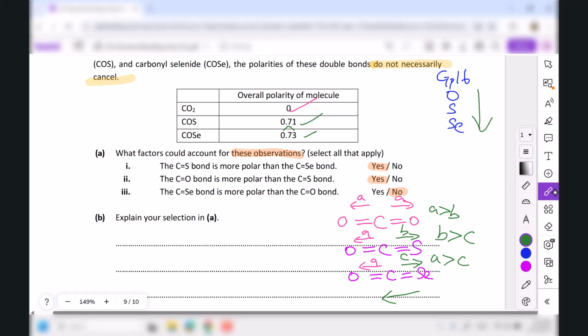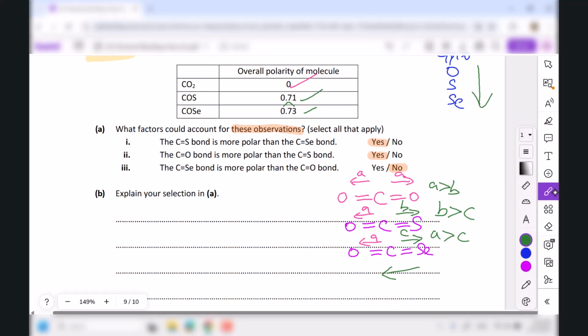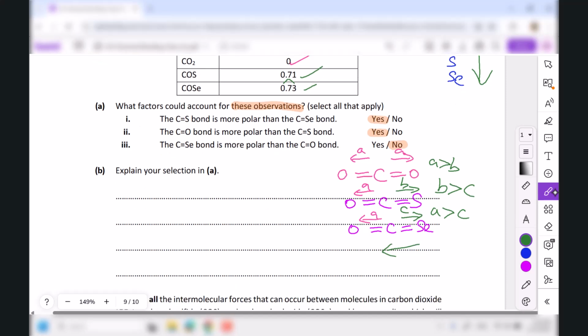Okay, so that would be the answer to part A, and the explanation I have already by and large explained in my earlier presentation. So for those of you who are still not so sure, basically the way to explain it would be helpful if you can show a diagram if possible.